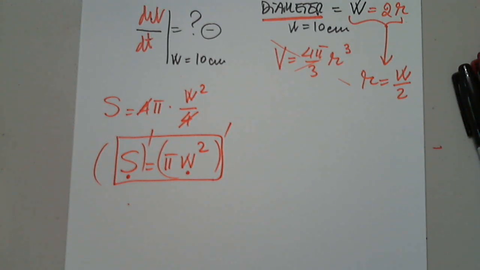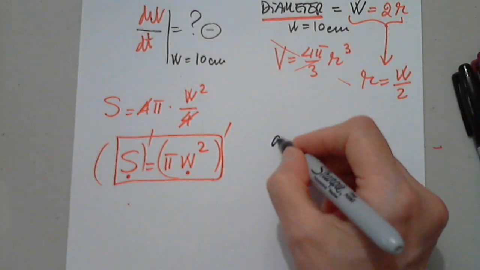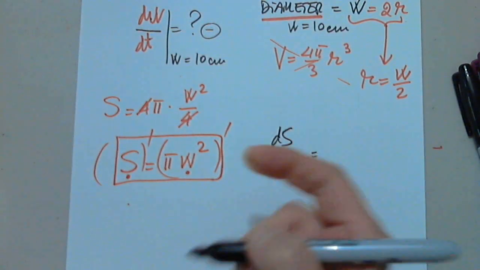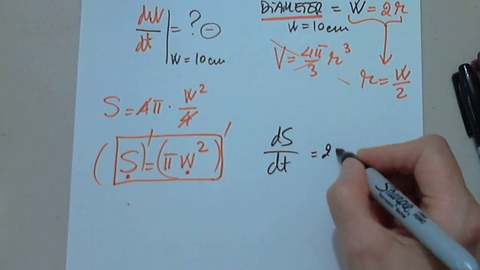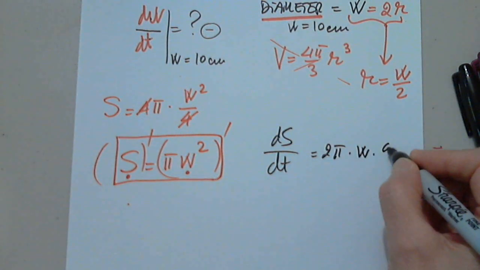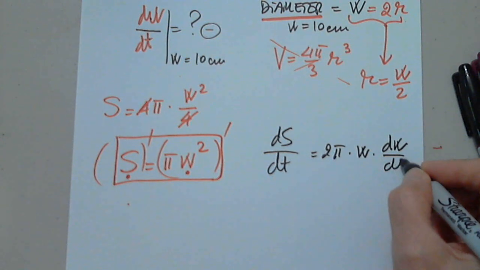Anyone, please, give it a try. It's okay if you're wrong. The left side's going to be ds dt, of course. And 2 pi w times dw dt.